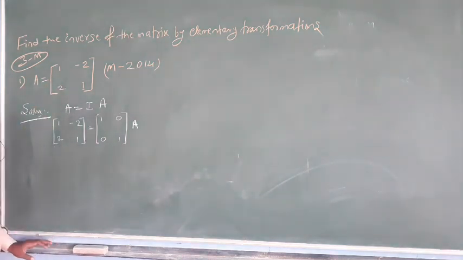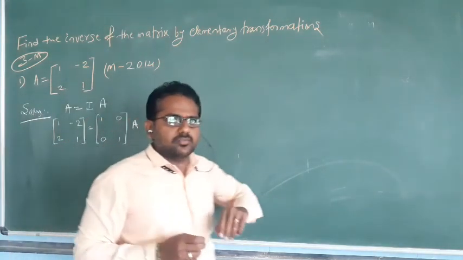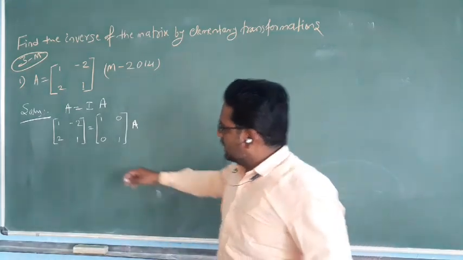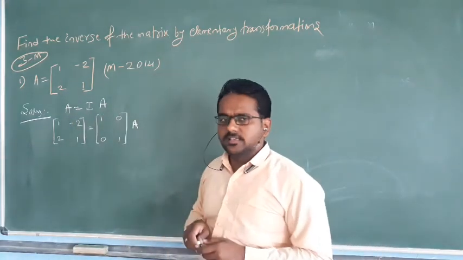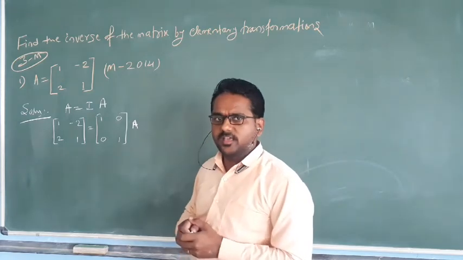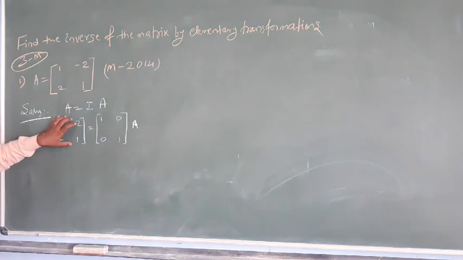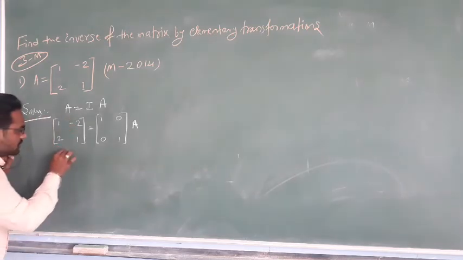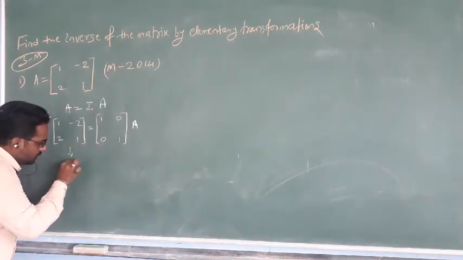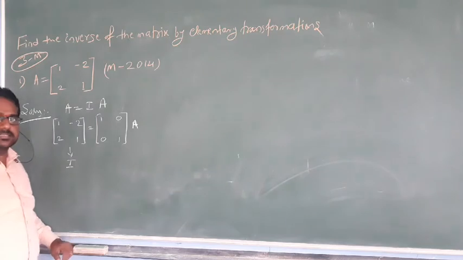Okay. Now what is the aim here? In the expression A equals IA, you have to convert the LHS matrix A into the identity matrix.